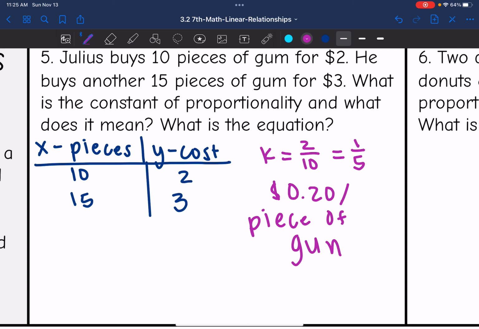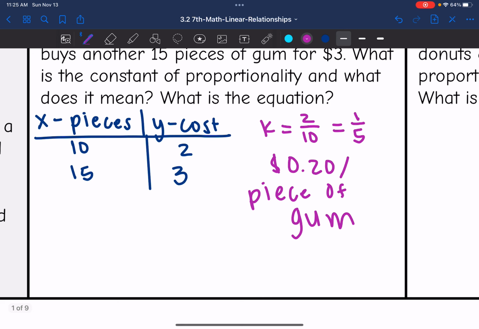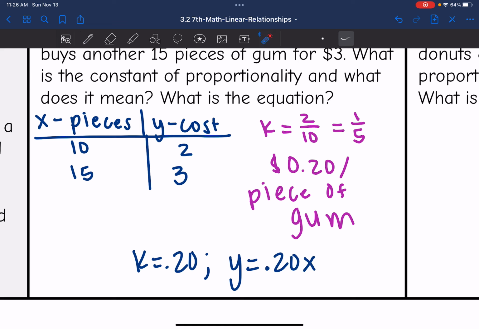And then the equation to represent this situation would be y equals, so we found k, it was 0.20, and then the equation would be y equals 0.20x. It just means to find the total cost y, you would do 20 cents times the number of pieces of gum you bought.